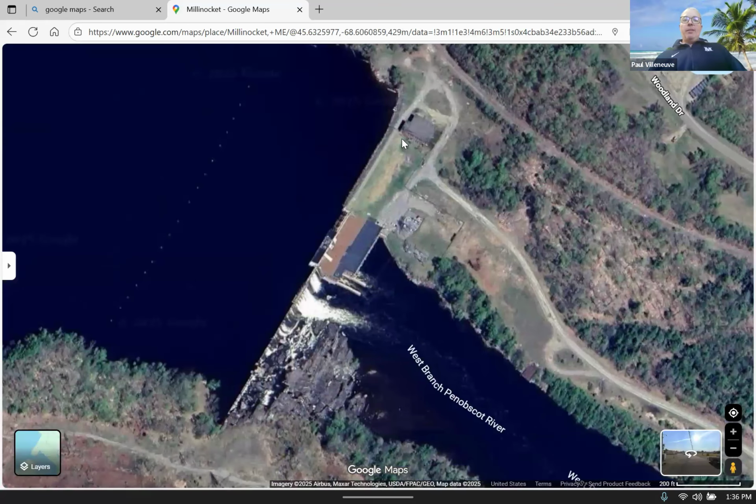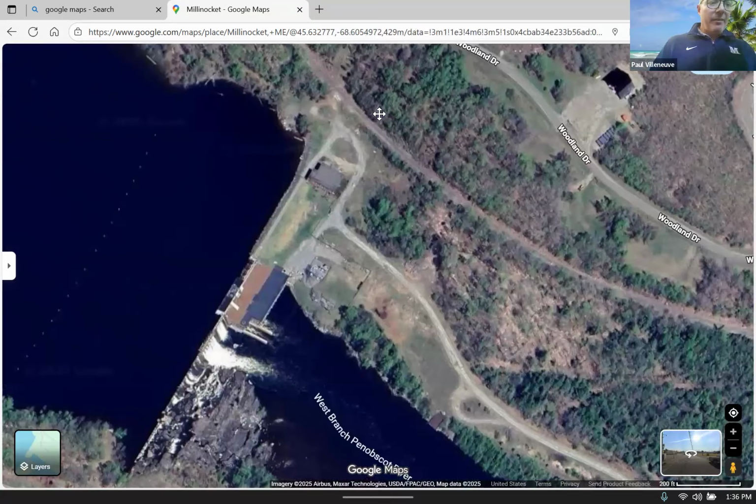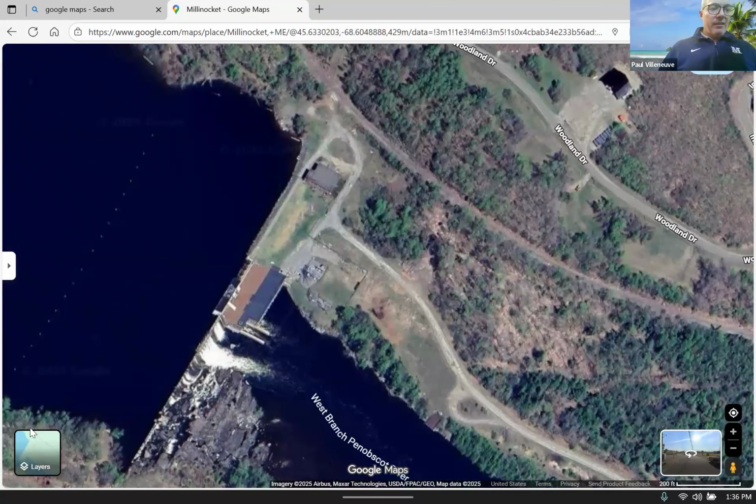So inside this building right here, let me mark it up. Oh, it doesn't want to let me mark. Okay, sorry about that. Right there. It's very difficult to see. Actually, no, that's the control house. The generator is right here. The substation you can see right there.